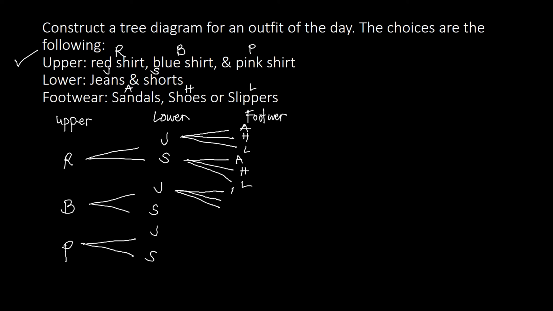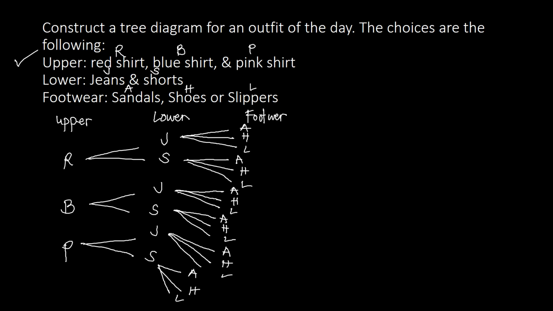So we have again A, H, L. Then next, we have here another A, H, L. Now from here, this is going to be another A, H, L. And then on this part here, it's going to be another A, H, L. So that is now your tree diagram.